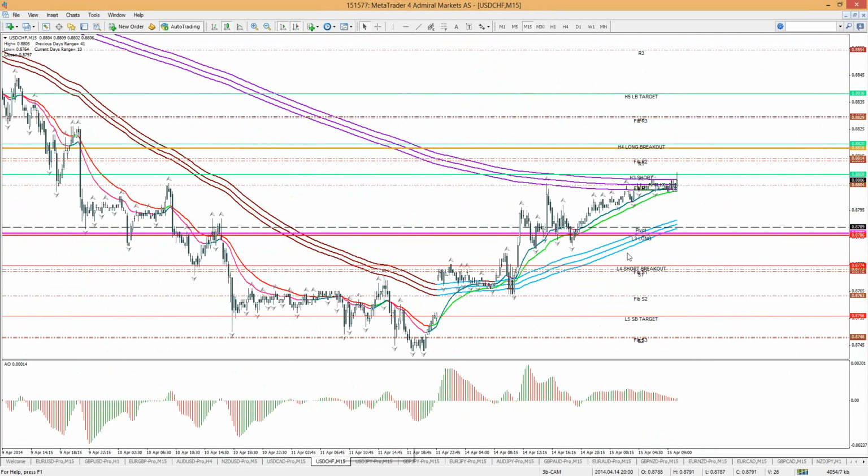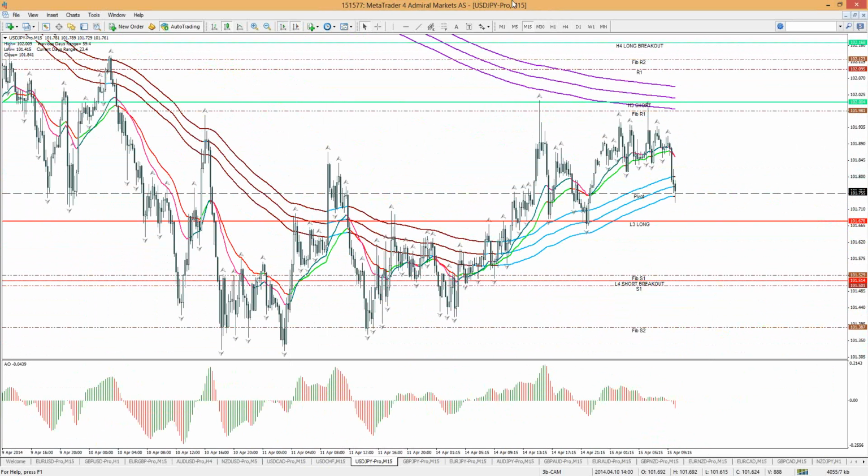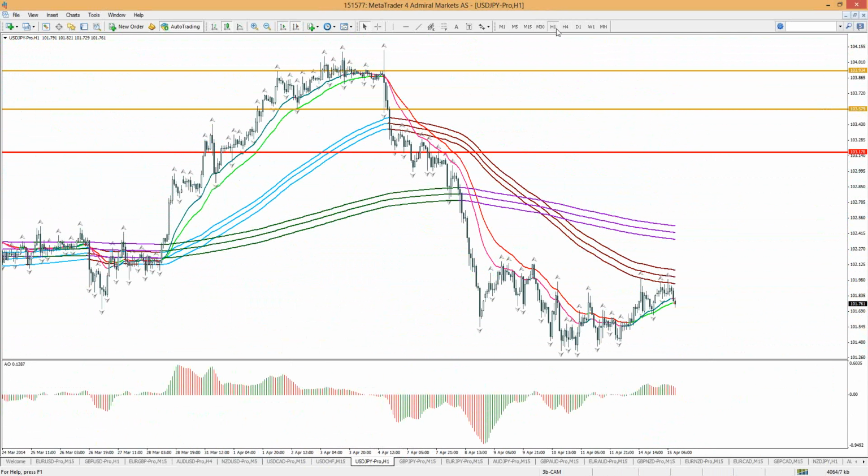Dollar Swissy, I'm not interested because it has monthly and weekly pivot points right here, so I wouldn't be interested in that. Dollar yen, let's see. From a range perspective, could be interesting actually.